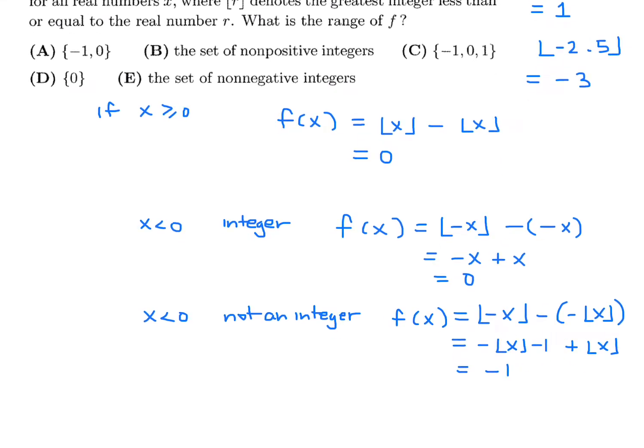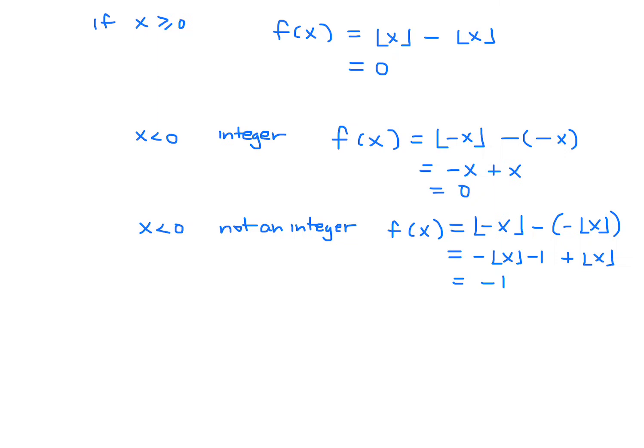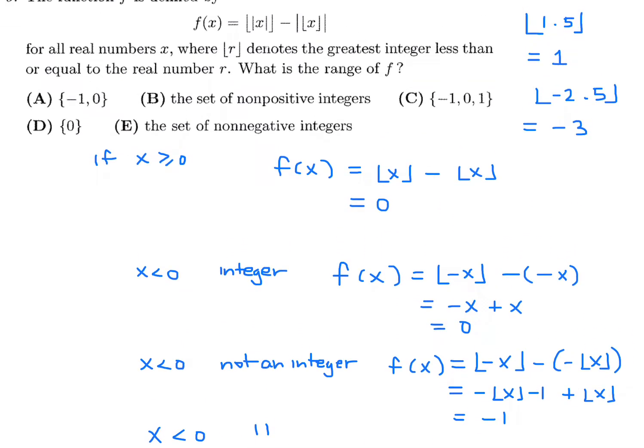And in case you weren't convinced, if that was a little too abstract, let's just try a number that's less than 0 and not an integer. So for example, negative 1.5. And let's see what we get for f at x. Let's remember the definition right here.